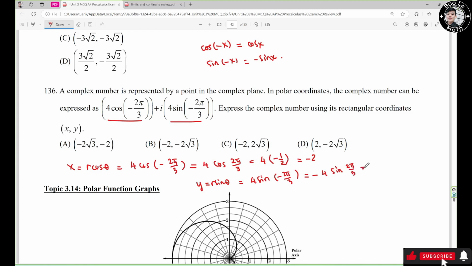So this guy turns out to be negative 4 times root 3 over 2. So it could be negative 2 root 3, right? So x equals negative 2 and y equals negative 2 root 3. The answer must be B.